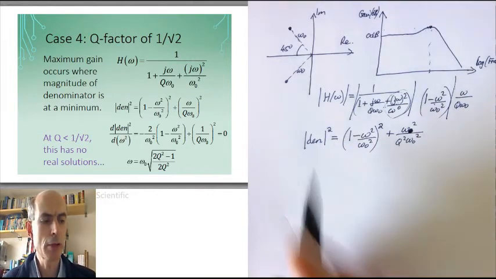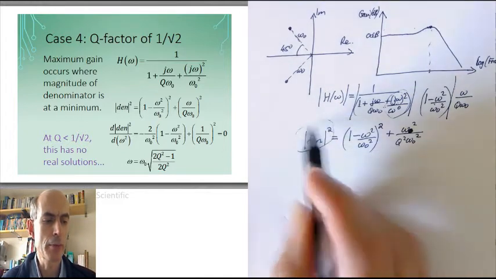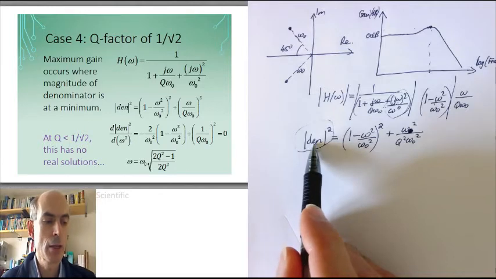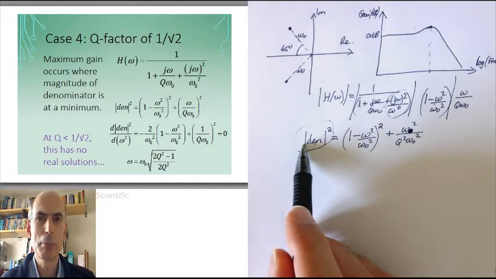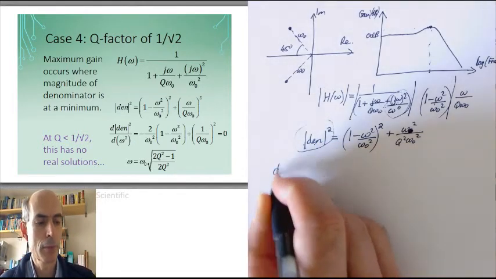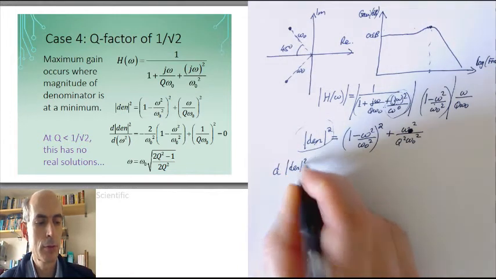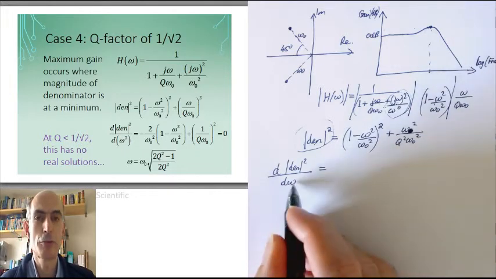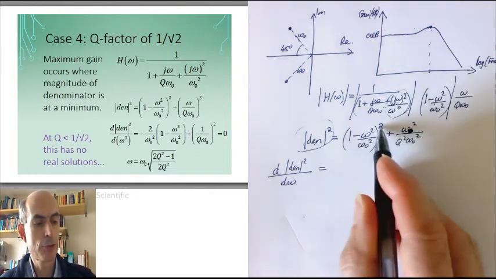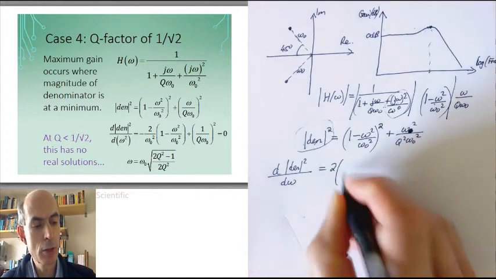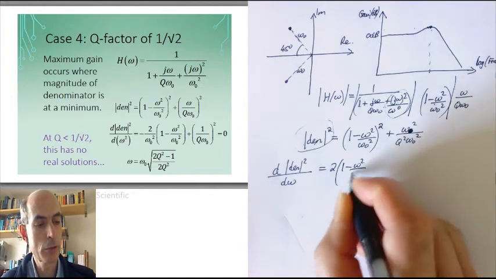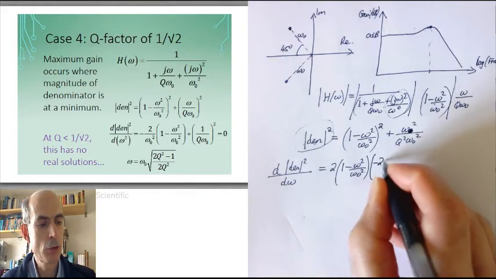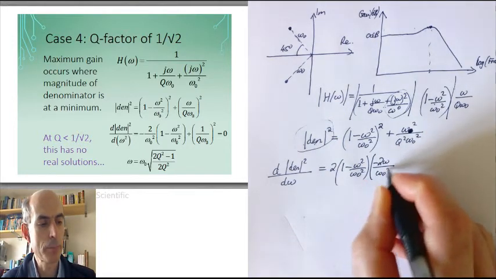Now if I'm looking for a minimum value of this expression, I can get that by differentiating it with respect to frequency and setting that equal to 0. I'm looking for a turning point. So d of denominator squared, differentiated with respect to frequency, is, well, this term here would give me 2 times 1 minus omega squared over omega naught squared, times minus 2 omega over omega naught squared.